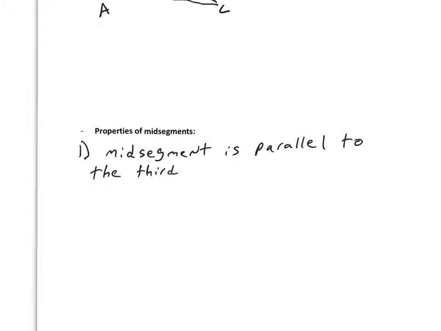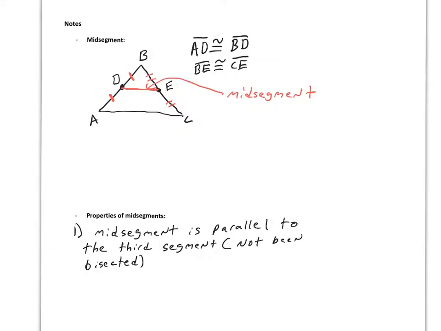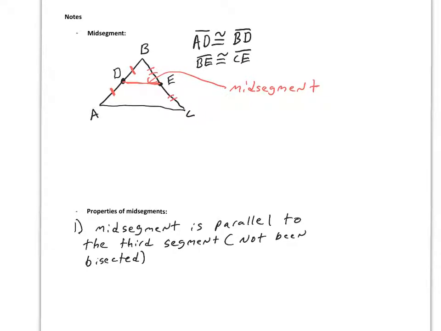By the third segment, I mean the segment that has not been bisected. If we go back and look at our triangle, that third segment is AC in our example.